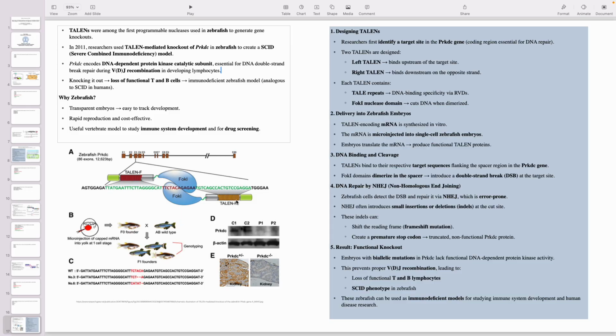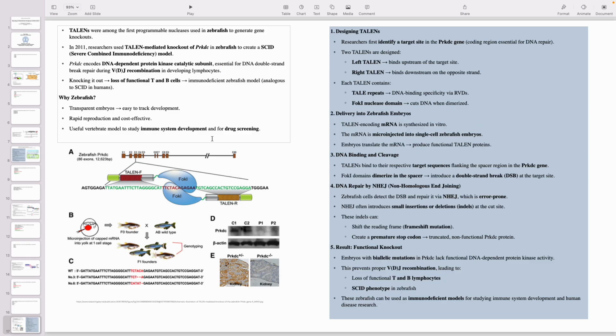Each TALEN contains the TAL repeats, and as I have already told, the DNA binding specificity of the TAL domain is determined by the amino acids present at the 12th and 13th positions of these TAL repeats. This TAL repeat is fused with the FokI nuclease enzyme, creating the entire TALEN complex.